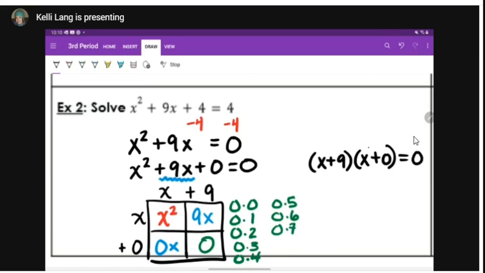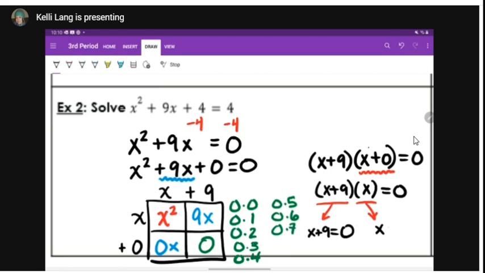Once we have converted this into factored form, then it's okay to go ahead and simplify things a little bit. Like this x plus 0, at this stage in the problem, we won't write it like that. We'll turn it back into just a regular old x. And now it's time to split up our factors into their separate individual mini equations.